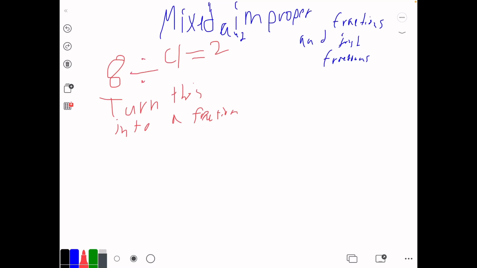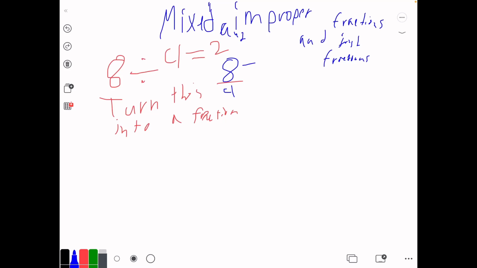So you know the answer is 2, but then turn it into a fraction. So this is how it goes. 8 over 4, or 8 divided by 4. It doesn't matter how you say it, just as long as you know what it means.